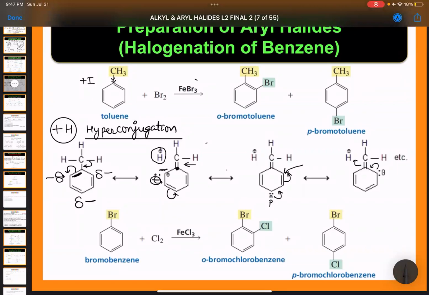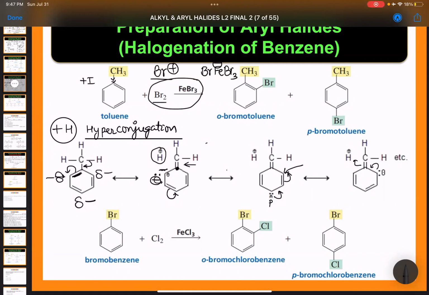And remember, we were doing electrophilic aromatic substitution. Br2 with FeBr3 generated Br plus, because Br minus was taken away by FeBr3. So that Br plus, now you can clearly think where it will attach itself.